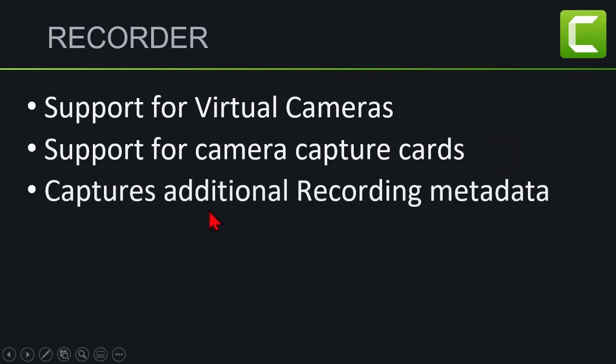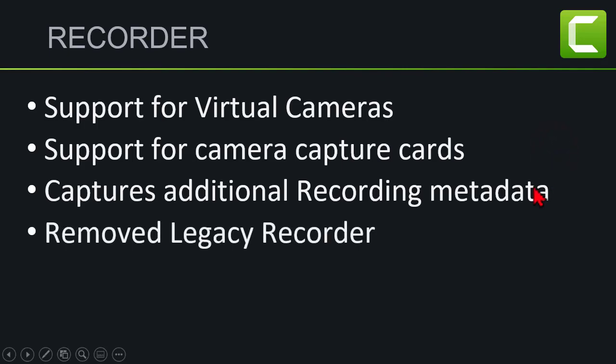The captures get additional recording metadata, like some of those cursor aspects and so on. And they also, just to be aware, removed the legacy recorder, which, if you remember from last time, was kind of an interim step because they didn't have the 2021 recorder finished when they shipped it.